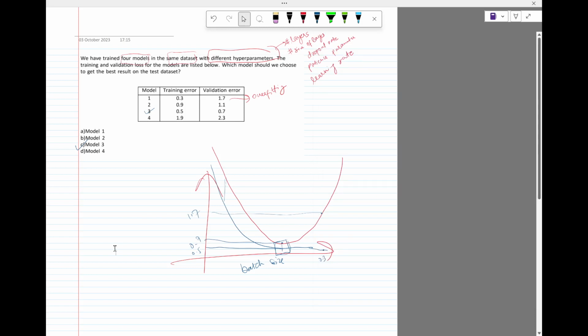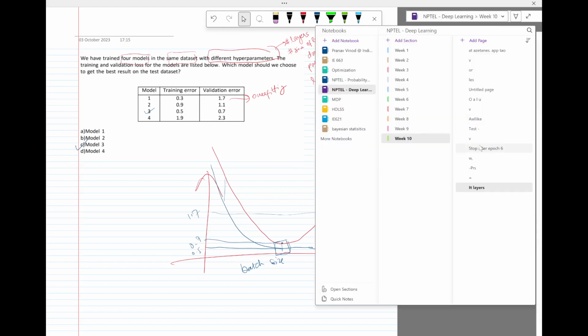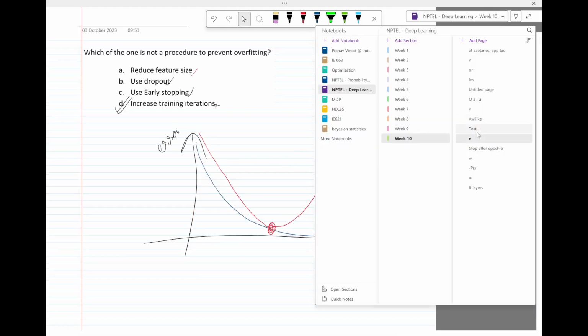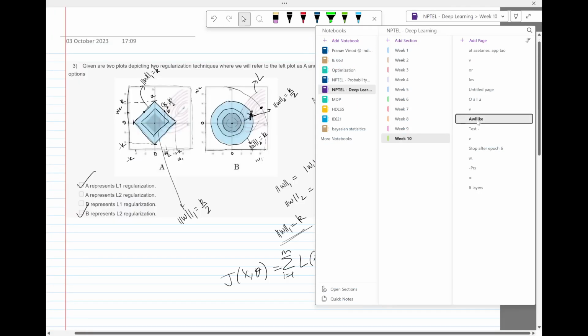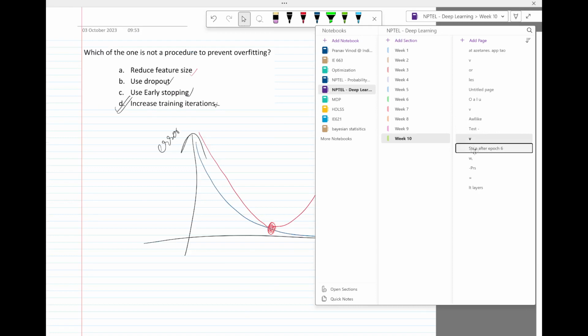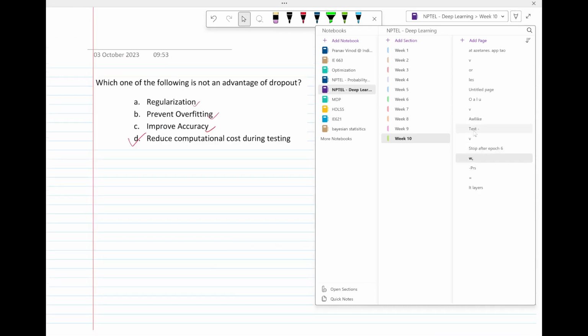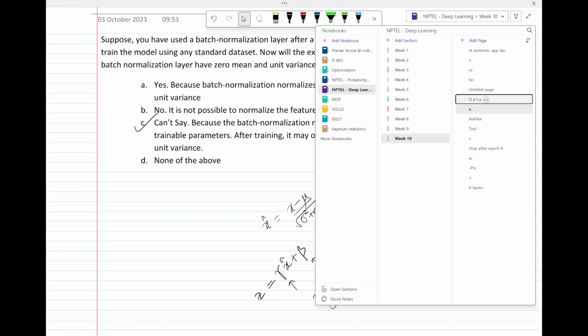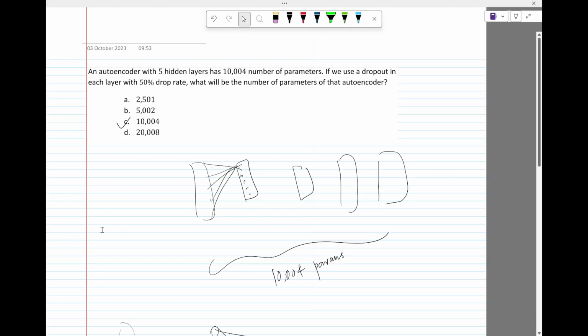Hello. Can you please refer to the question where this autoencoder with 10,004 parameters was there and with a dropout rate of 50%? Can you please explain once again? This one.